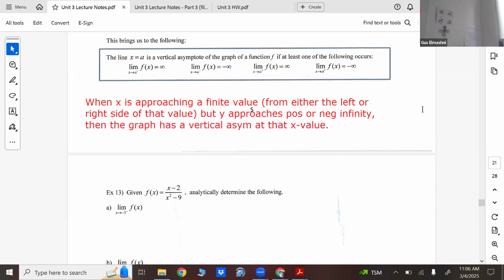It comes back to limits again. And by the way, any one of these has to be true. You don't have to have all of them be true. If at least one occurs. So as a piecewise function, the graph could approach positive or negative infinity on the left side, but on the right side, for example, I could have this. You totally could have this. This is very possible.